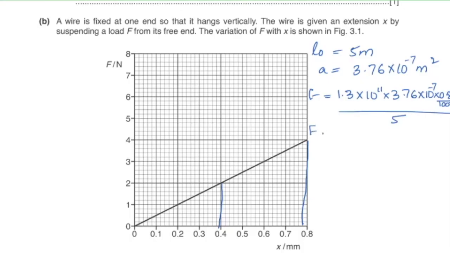Hence the force which causes an extension of 0.8 millimeters is 8 newtons, and we'll have a straight line again from 0, 0 to 0.8 on 8, since it obeys Hooke's law. So we're going to have a straight line.